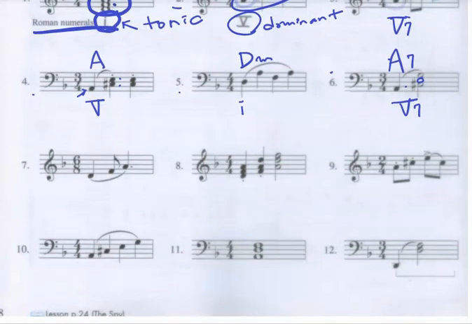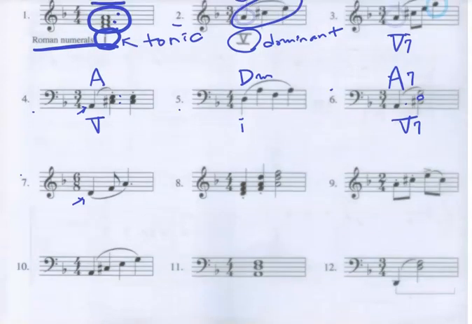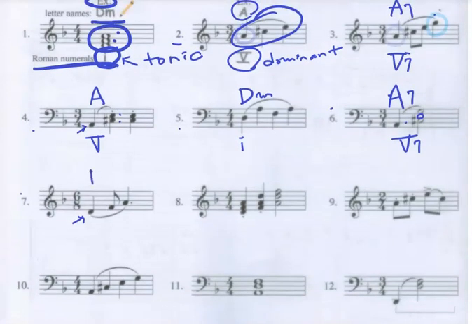Okay, let's move down to number 7. Treble clef. What is the first note here? This is D, right? Okay. D, F, A. What chord is this? This is obviously D minor chord, and D minor chord is 1 or tonic chord in D minor.